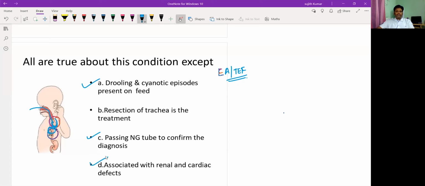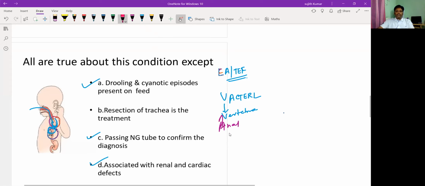And the third one is that it is associated with renal and cardiac defects. So that is also correct. This anomaly, you already know, is the VACTERL anomalies. First, V is vertebral anomalies, and A stands for anal atresia.